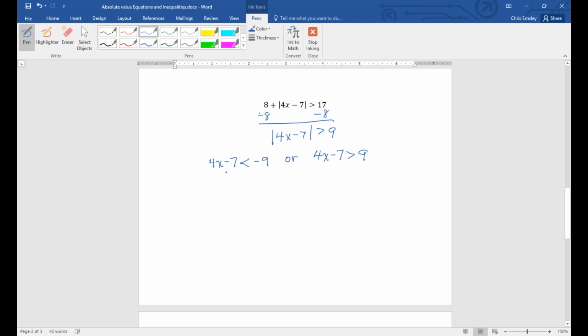Now we have 2 inequalities that we can solve. Divide both sides by 4. Oh wait, sorry, mistake there. Negative 9 plus 7 is not negative 9. That would be negative 2.